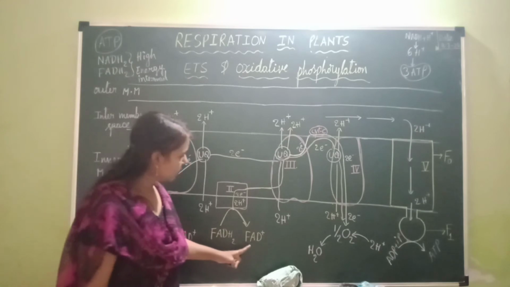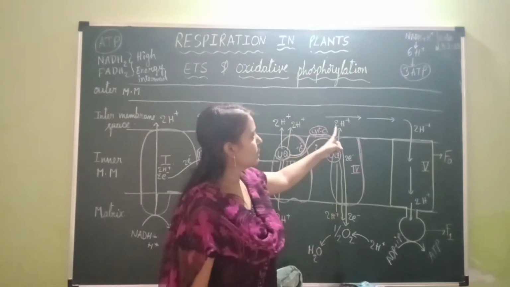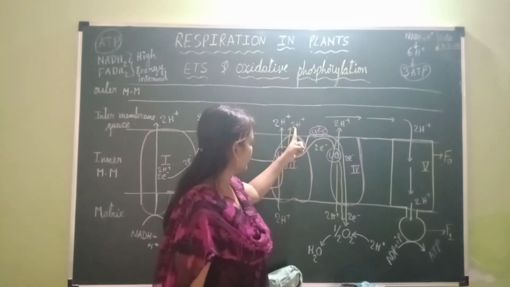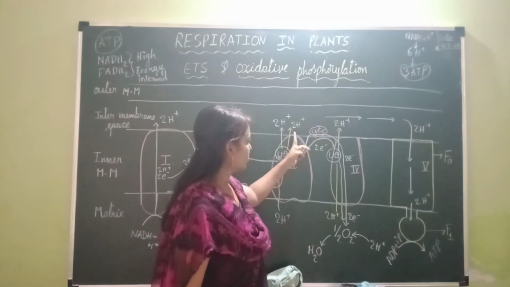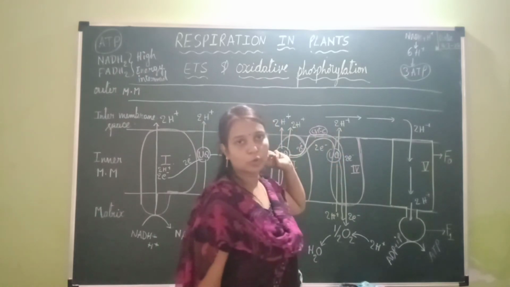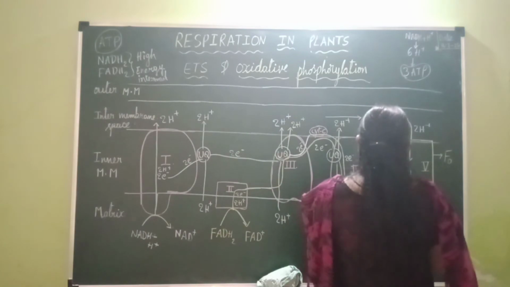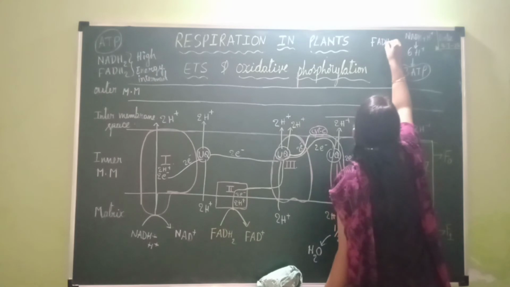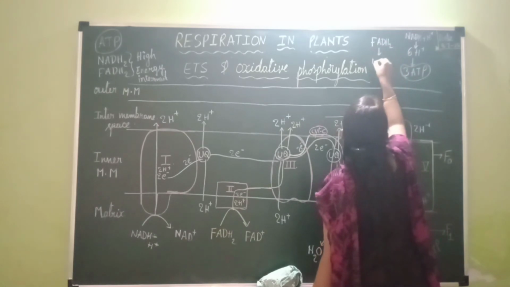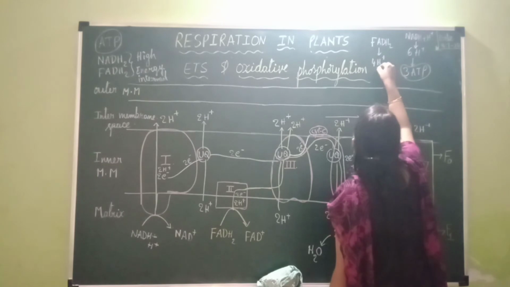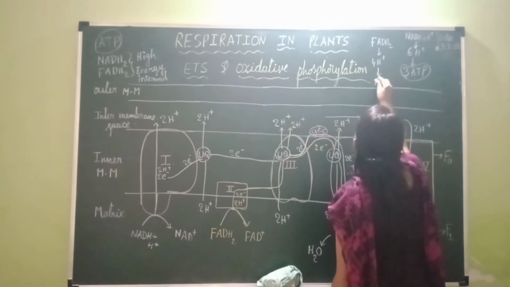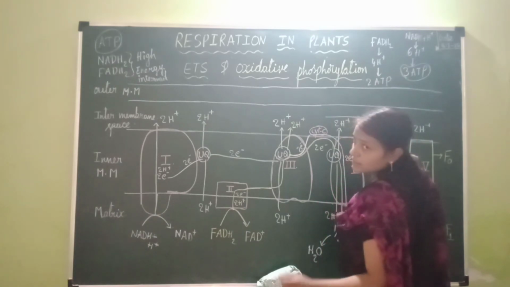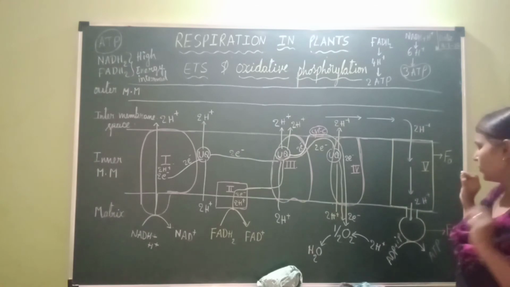Whereas due to the oxidation of one molecule of FADH2, how many protons are pumped into the intermembrane space? 2 protons from the third complex and 2 protons from the fourth complex, that is 4 protons totally. So when one molecule of FADH2 undergoes oxidation through this ETS, 4 protons are pumped into the intermembrane space, and these 4 protons result in the formation of 2 ATP, because for the synthesis of 1 ATP, 2 protons are required.